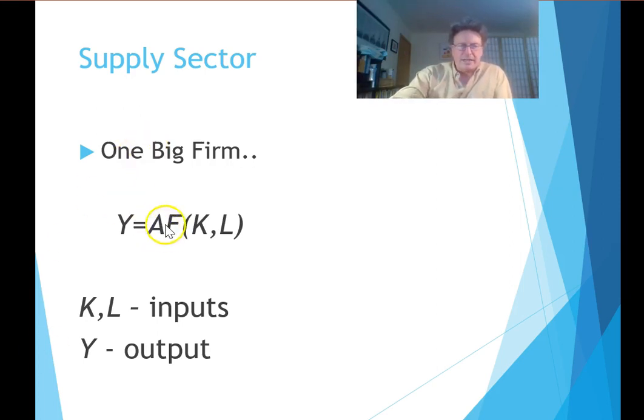Now what about this A here? I put this just as a preliminary. This says there might be some other reasons why a firm or a country that has the same inputs might have a different output. So think about how that would be.